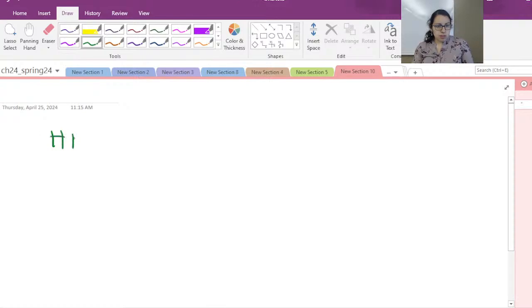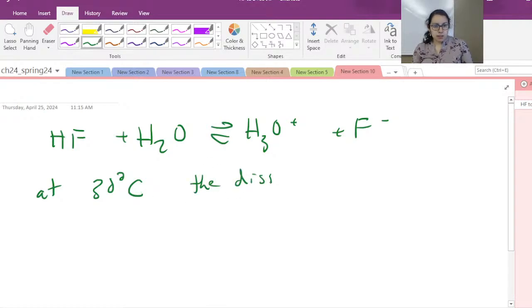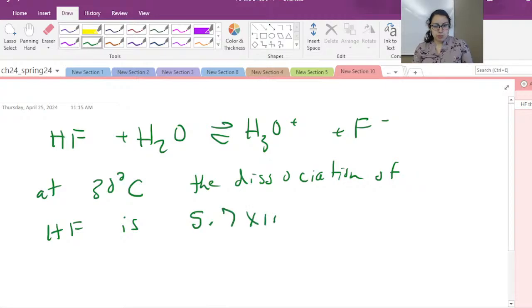And so we're looking at this dissociation of HF. And so I'll write it out at least. And so at 30 degrees Celsius, the dissociation constant of HF is 5.7 times 10 to the negative fourth.